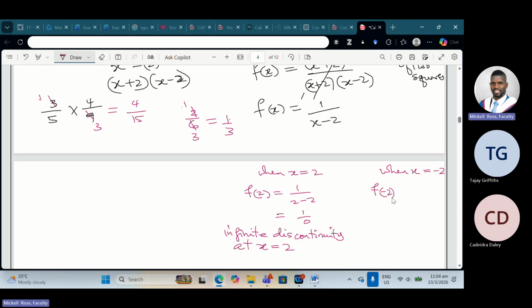Okay. This is going to be 1 over negative 2 minus 2, which is going to give you 1 over negative 4, which is just negative a quarter, right?